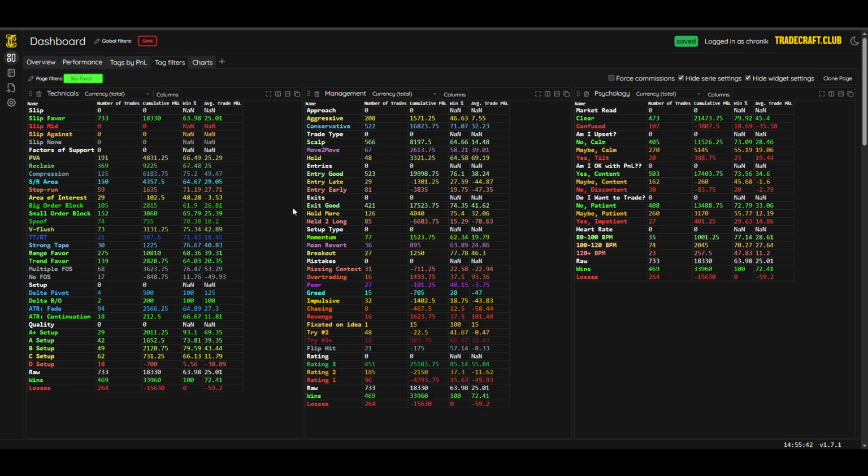Let's color it by rating. We can see that there are management issues here. That's got to be an old tag. Oh yeah, it is old. It's from 2024.